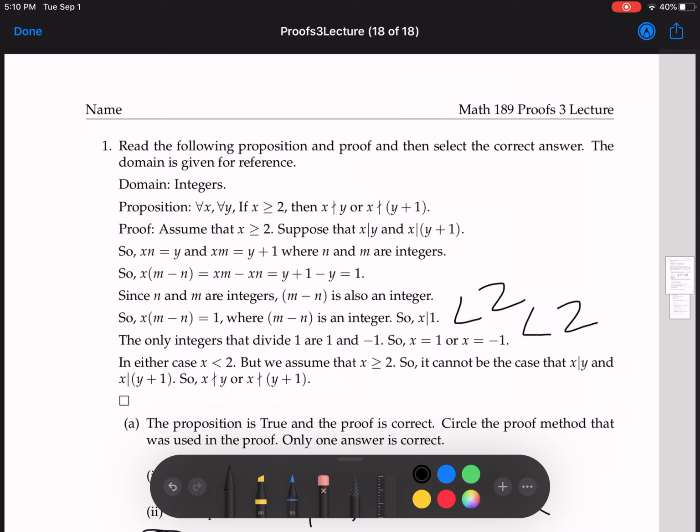And that's our contradiction. So we assume P and not Q, and then we derive a contradiction. All the work in here getting to our contradiction is true mathematical work.